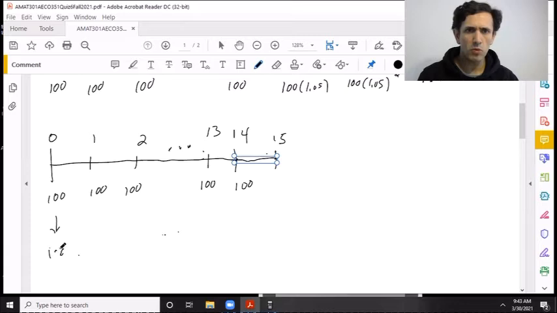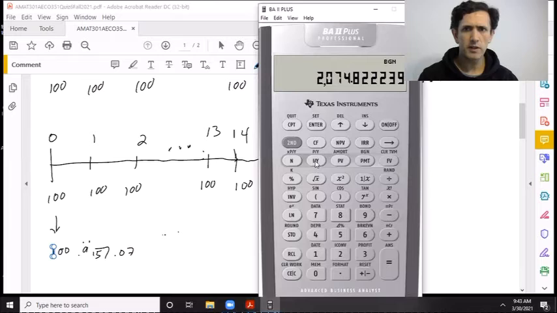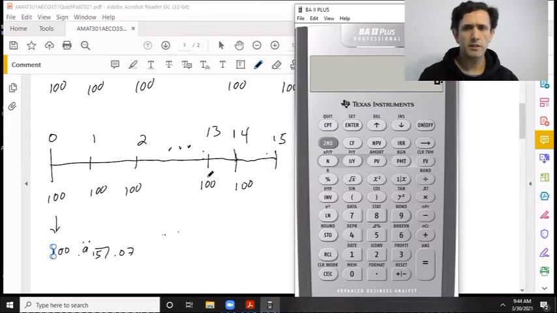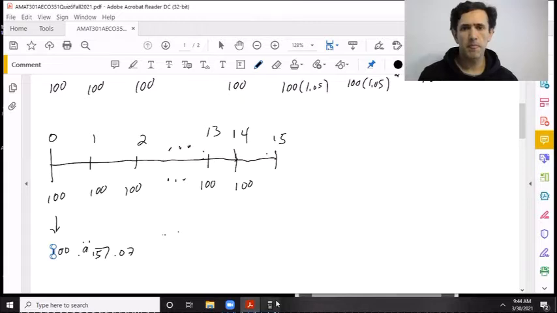And so this would be 100, 100A double dots 15.07. Right, so let's see what that is. Clear TVM, quit. So again, it's 15 because this is a 15-year annuity due.